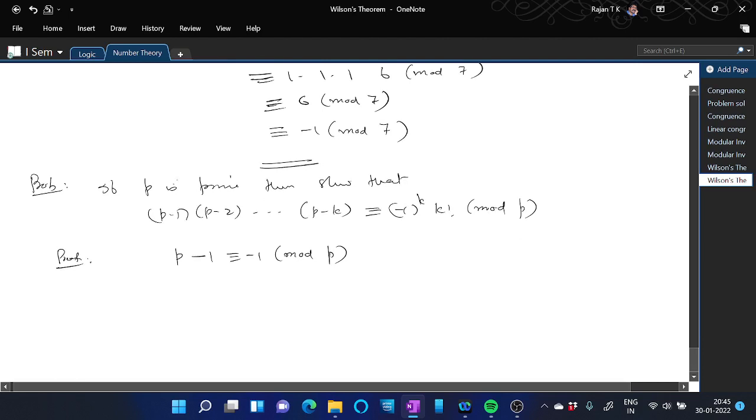Actually, this is true for any number. p need not be prime. If p is any number, p-1 is congruent to -1 mod p. So p-2 is congruent to -2 mod p. And so on, p-k is congruent to -k mod p.